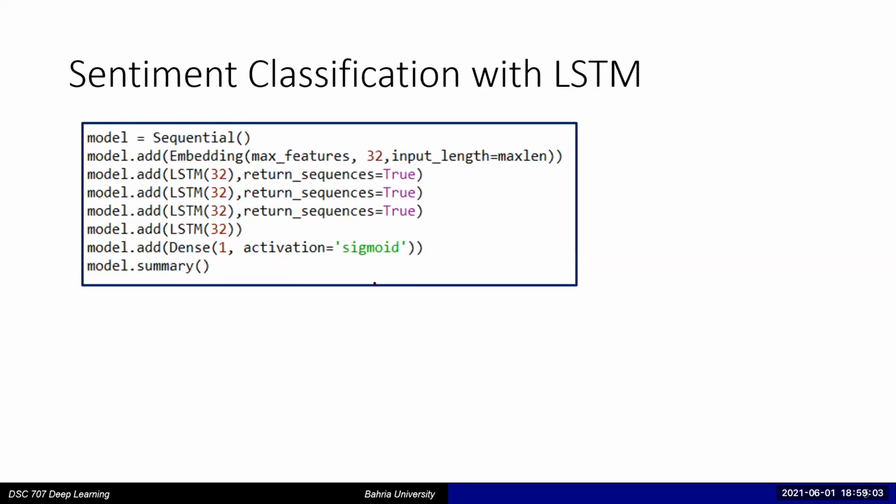So exactly the same code: instead of layer simple RNN, we have the layer LSTM, and you can solve the sentiment classification problem. You can compare the performance of a simple RNN or an LSTM, and if you want GRU, you can simply write GRU here. So it's fairly simple.